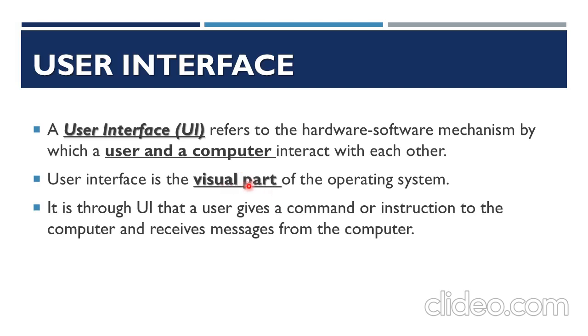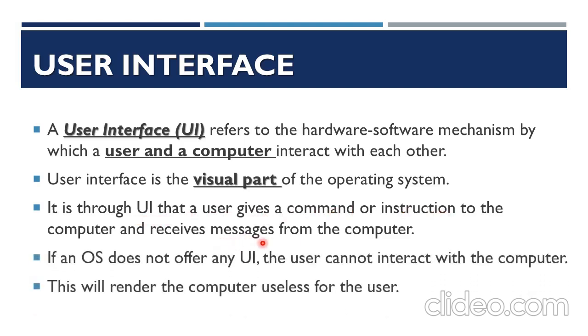So only with the help of user interface, you can give instructions or commands to the computer and receive the output message from the computer. If an operating system does not offer any user interface, the user cannot interact with the computer and this will render the computer useless for the user. So without the operating system or without user interface, you cannot make the computer hardware operational.